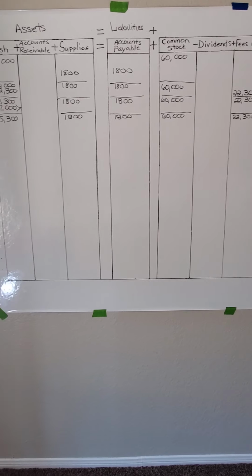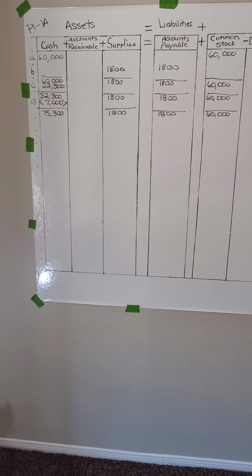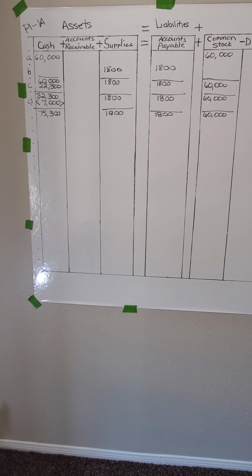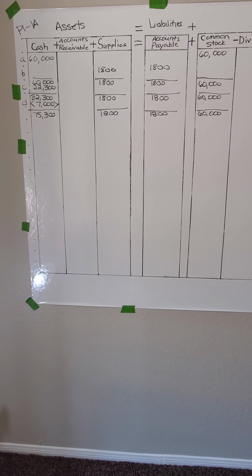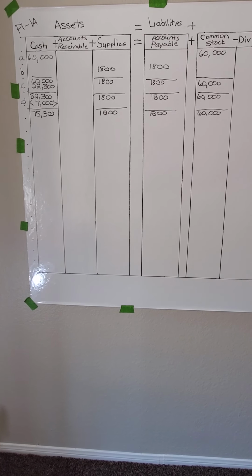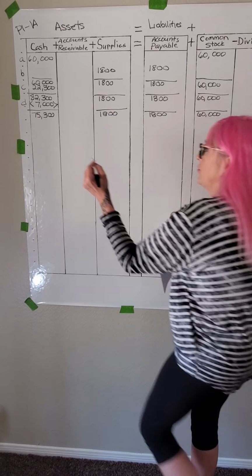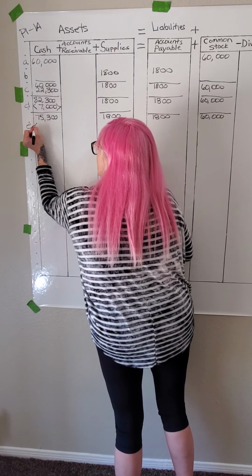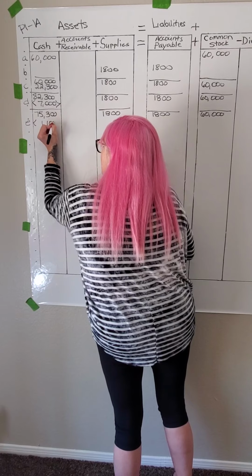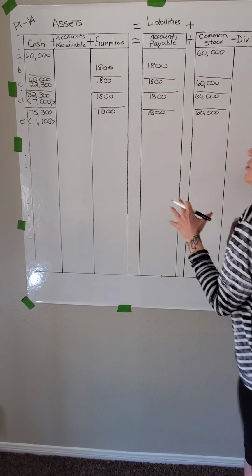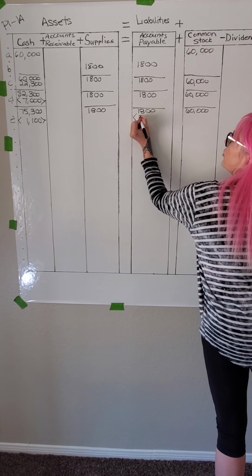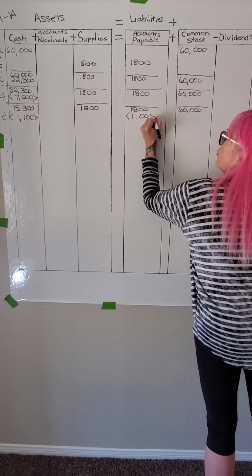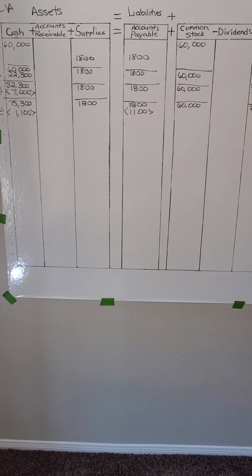The next one is E. We paid creditors on account $1,100. When you hear that we paid, remember that's cash. So we're going to pay out $1,100 of cash. And we paid creditors. The only creditor we have is our accounts payable here. So we're going to enter that also because we're going to reduce that amount.